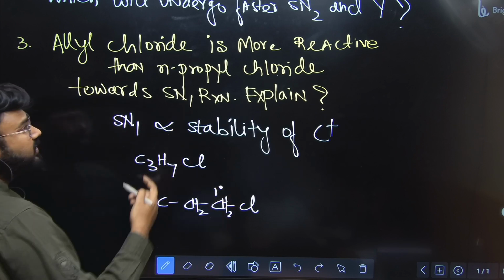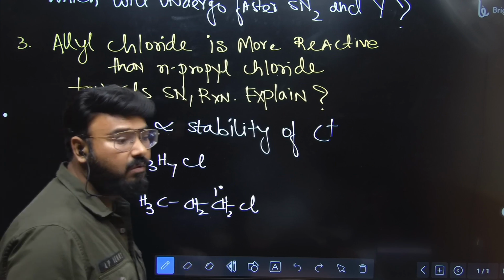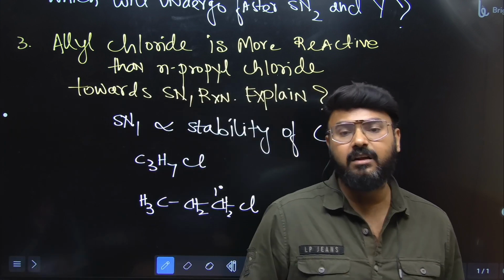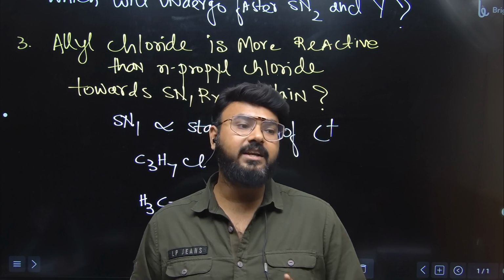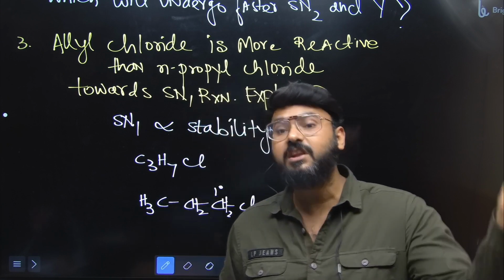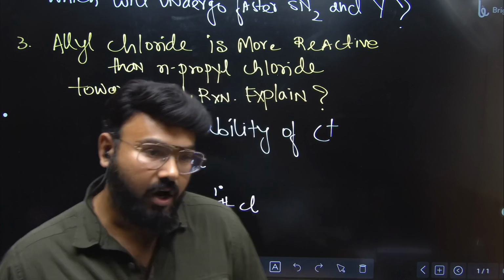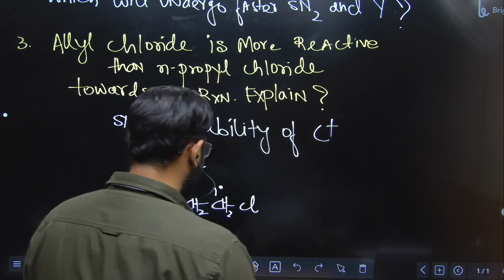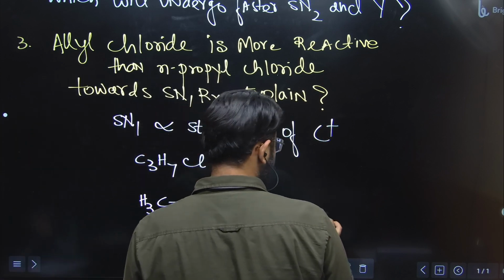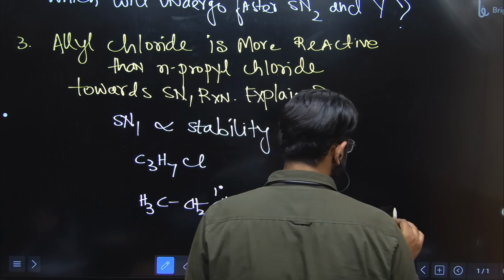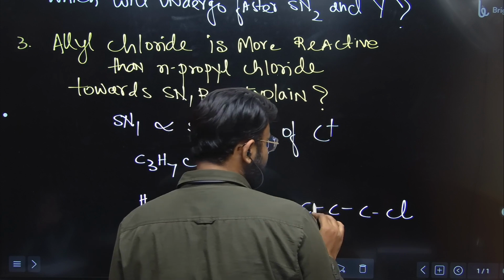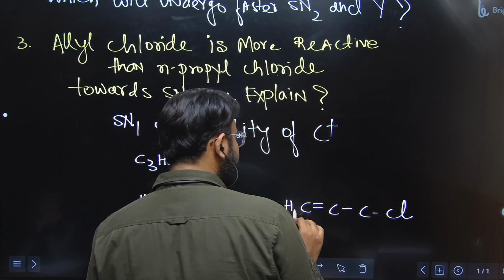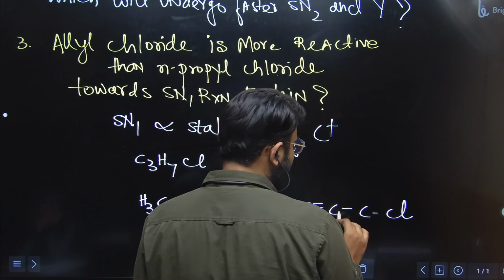Now let's draw the allyl chloride. What do you mean by allyl chloride? The carbon which has a halogen is connected with a carbon which is involved in a double bond. Guys, got it? So maybe we can picture it something like this. 1, 2, 3, so CH.